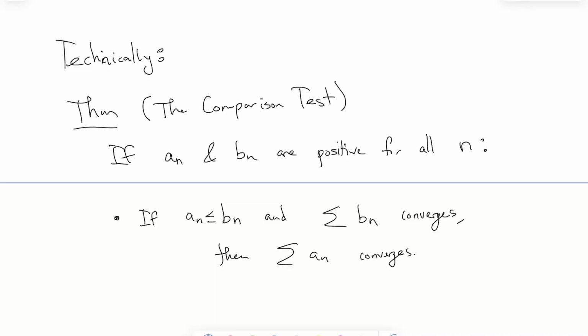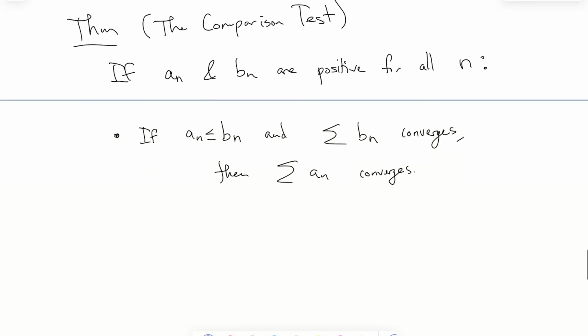All right? So if the a's are smaller than the b's, and the b's are converging, this means the a's also are converging. And furthermore, the sum, what it actually adds up to, is less than or equal to what the other one actually adds up to. All right?